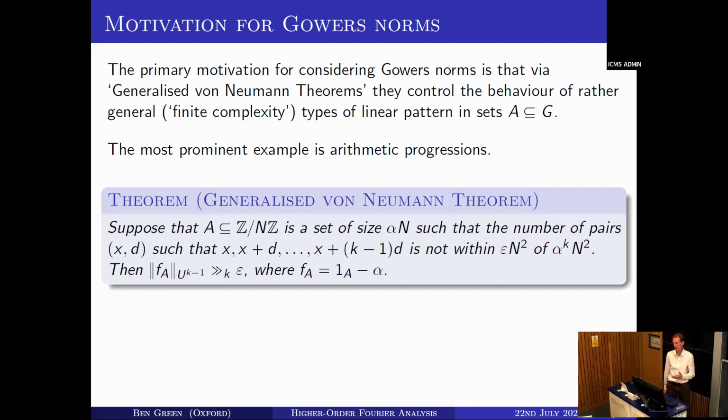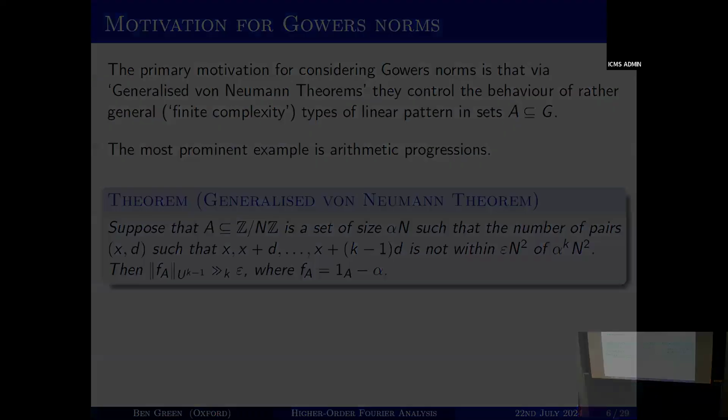And this theorem says that if you deviate from that expected value by a reasonable amount, epsilon N squared, then the Gowers norm of essentially the characteristic function of A, what we call the balanced function f_A, is large. So that's a consequence of a generalized von Neumann theorem.